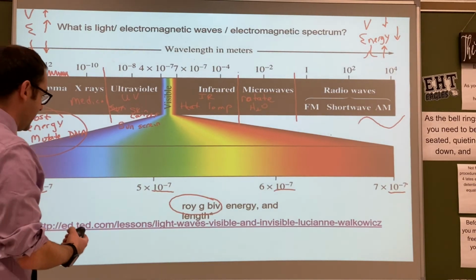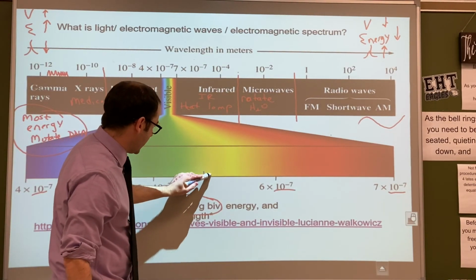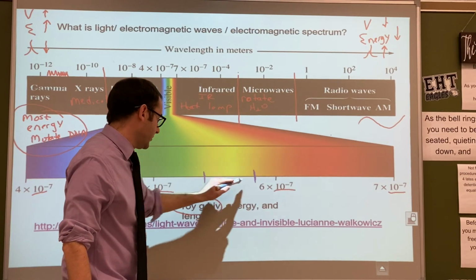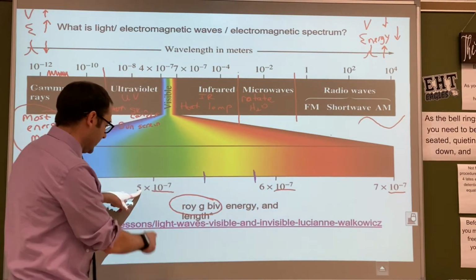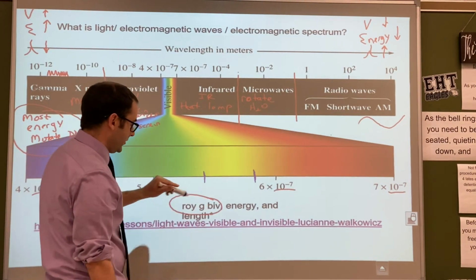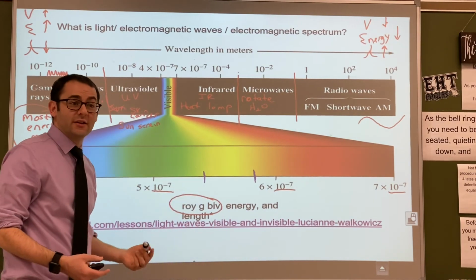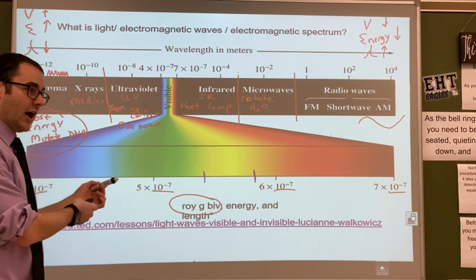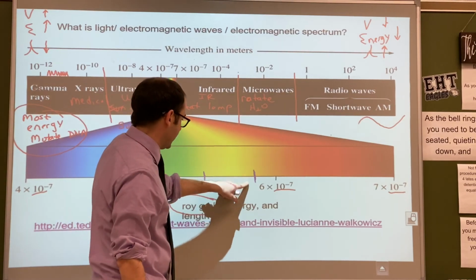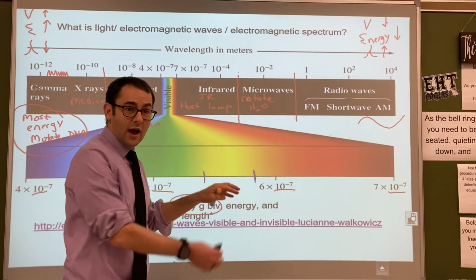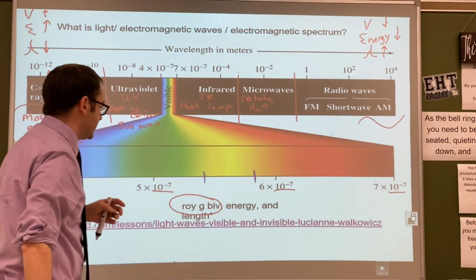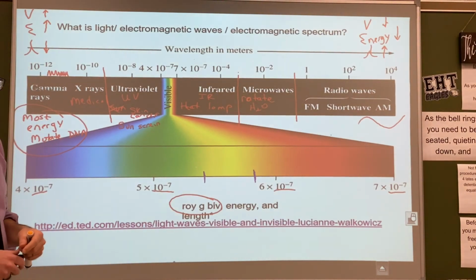So we look on here for yellow. Yellow is somewhere between here and here, right? So what's between here and here? Something like 5 times 10 to the negative 7th, right? And the answer we got was 5.88 times 10 to the negative 7th. Yeah, that's cool. Out of this whole spectrum, that's pretty close. I would say that we did it right. Good? All right, awesome.